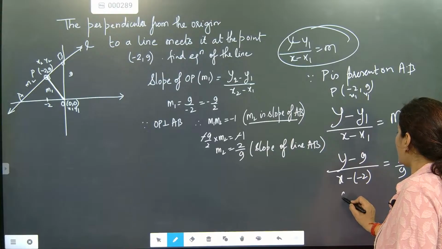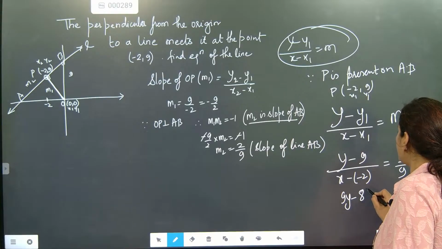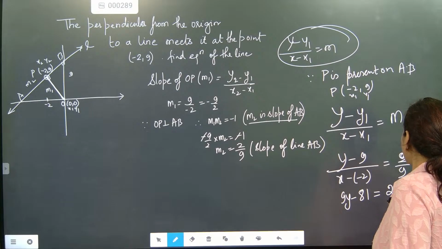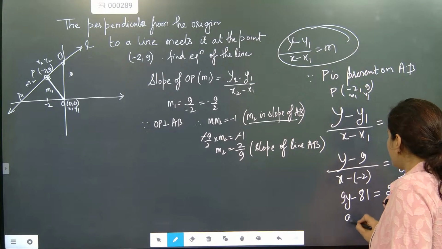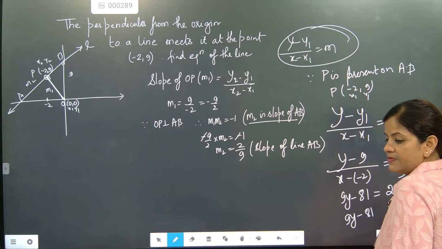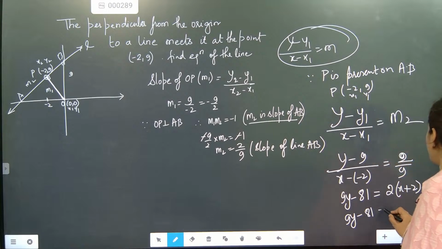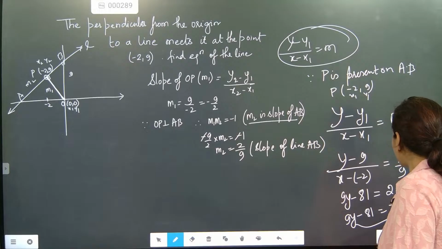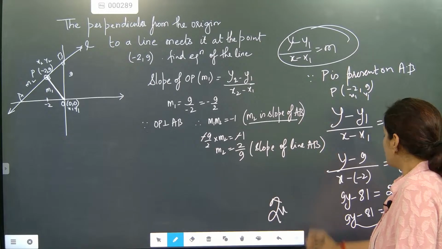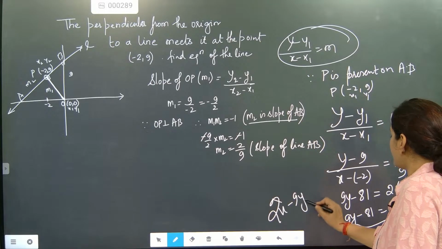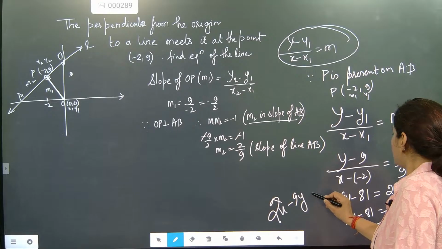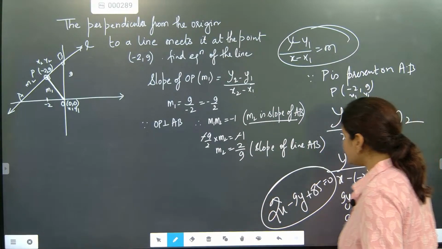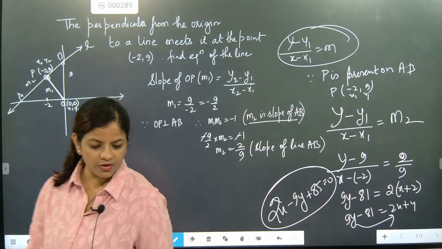It will become 9y minus 81, 9 nines are 81, is equal to 2x plus 4. So 100% shift everything this side. So it is coming as 2x minus 9y plus 85 equal to 0. 2x minus 9y plus 85 equal to 0. Yes.